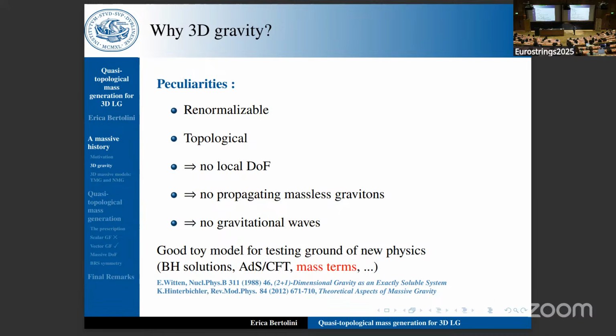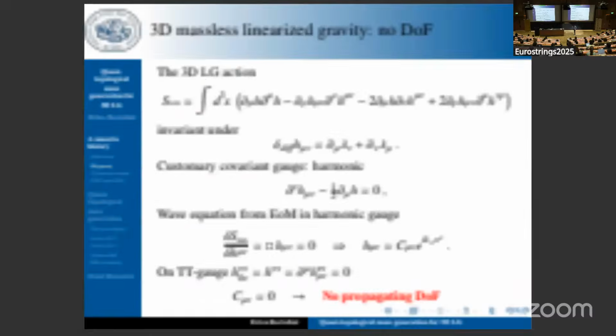And that's because in 3 space-time dimensions, gravity is renormalizable, which is the consequence of being a topological theory, and therefore it has no local degrees of freedom, no propagating massless gravitons, and therefore no gravitational waves in the massless case. But some surprising things appear with the massive introduction.